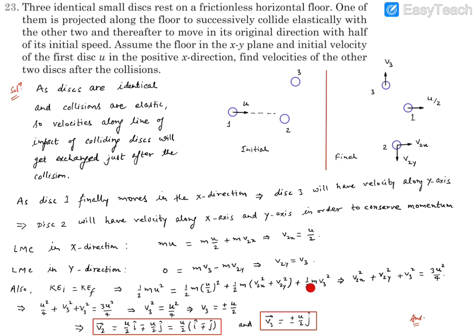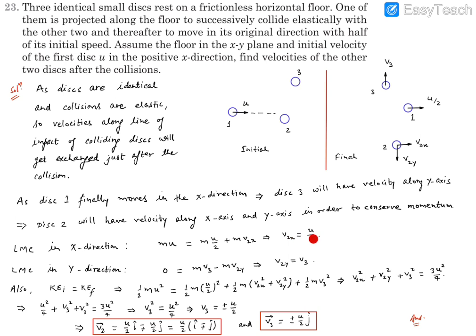Half m will get cancelled out, then you can simplify this. Once simplified, you'll find u square by 4 comes over here, so that makes 3u square by 4, and these terms will be adding up: v2x square, v2y square plus v3 square. So that's another equation we are getting.